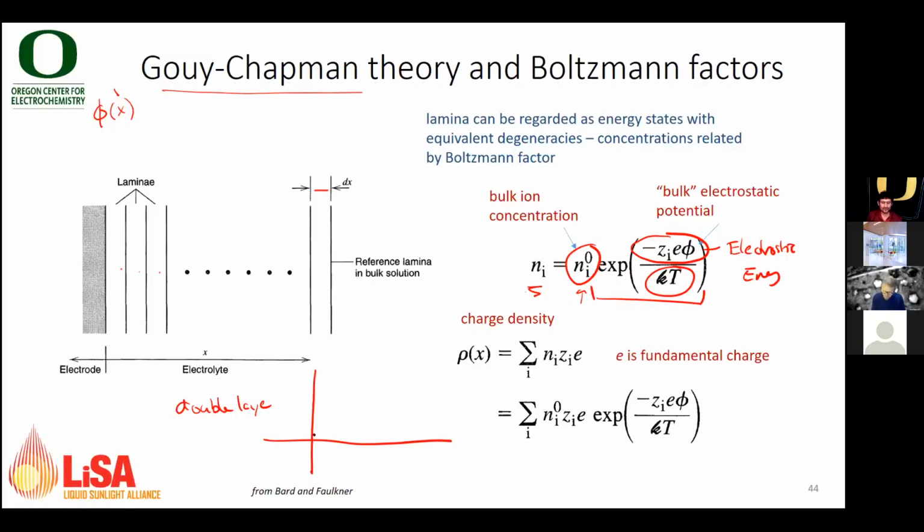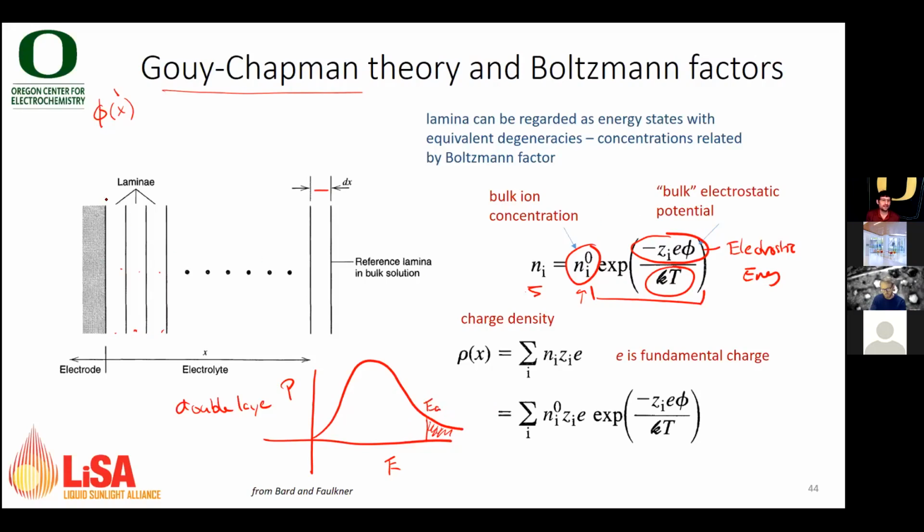If you think about Boltzmann factors, I have a bell-shaped curve, a probability distribution as a function of energy of some molecules, say they're ions, right? And I want to know how many ions are in a given lamina. I could say, well, what fraction of the ions have enough energy to go above some activation energy, if you want to think about a thermal process.